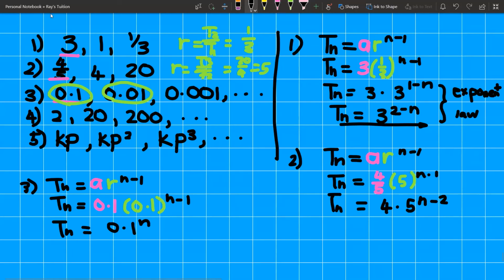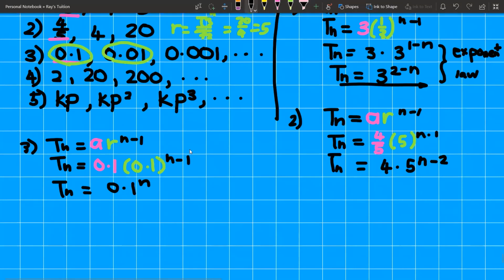Okay, let's move on to the next one, number 4. Again, it's a geometric sequence, so we're going to use the general formula for a geometric sequence, which is Tn is equal to A times R to the power of n minus 1. In the place of A is our first term, which is 2, and then R is our common ratio.